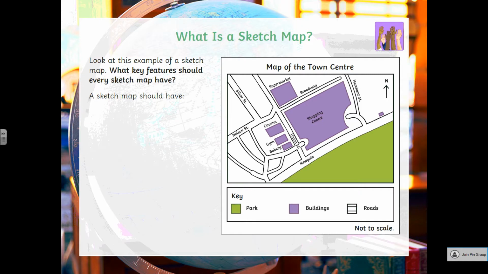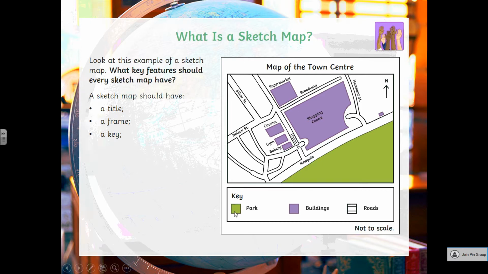Okay, so a sketch map should have these things. It should have a title. You need to know where your map is drawn of. A frame to go around it makes it look neat and tidy, means you're not going off the edge of the paper. A key. Now this isn't a key like you use to get into a door.